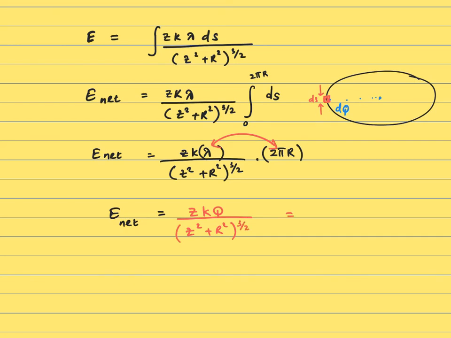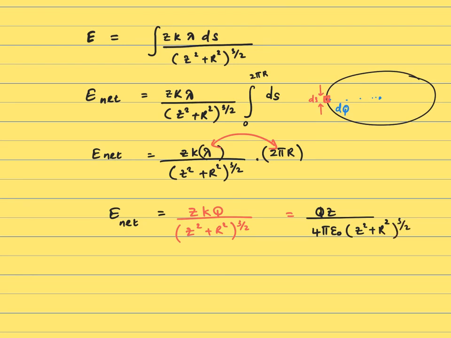If you want to substitute for k, that would be 1 over 4 pi epsilon naught, and you have q and z there, and down here you have z square plus r square raised to the power 3 over 2.